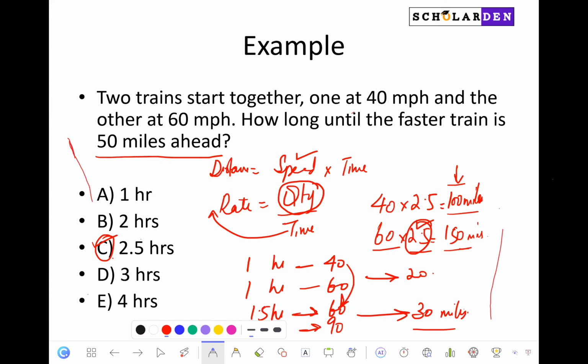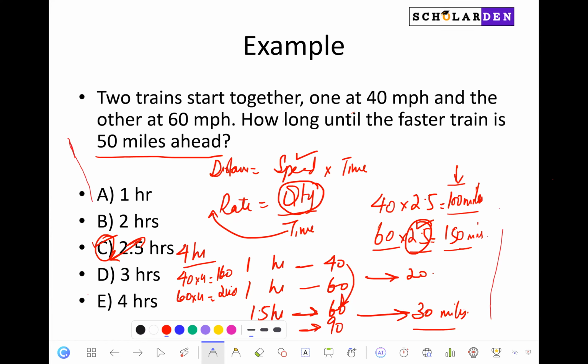For example, over here, if the total time was, let's say, option C representing 4 hours, I would have multiplied 40 by 4, which is 160, and 60 by 4, which is 240.